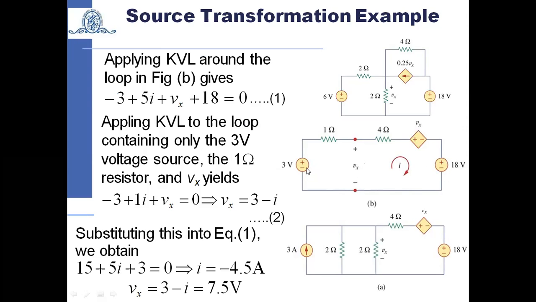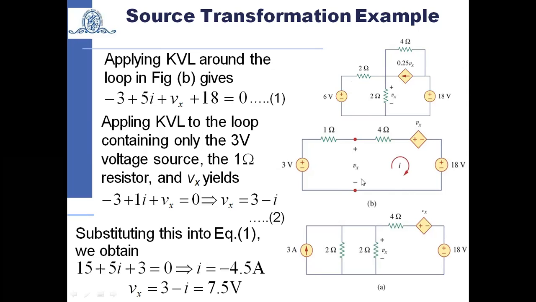But the 3, if you take clockwise, goes from negative to positive. So your first equation will become -3 plus 4I plus 5I plus Vx plus 18 equal to 0, which you can write as -3 plus 5I plus Vx plus 18 equal to 0.